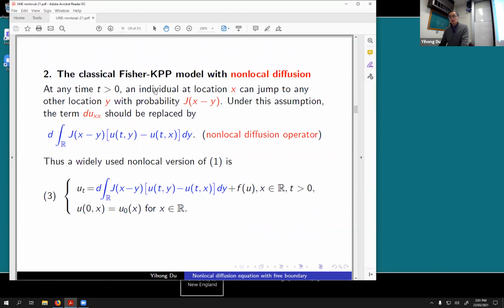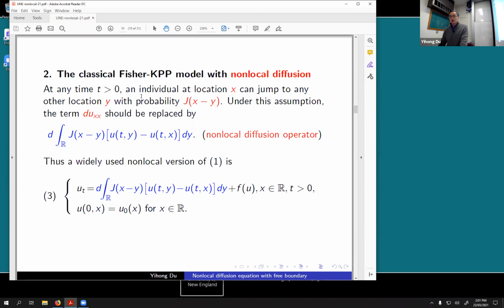So now let me try to explain what this non-local diffusion really means. There are many possible ways to introduce non-local diffusion. Here today, I'll just mention one rather popular non-local diffusion operator.